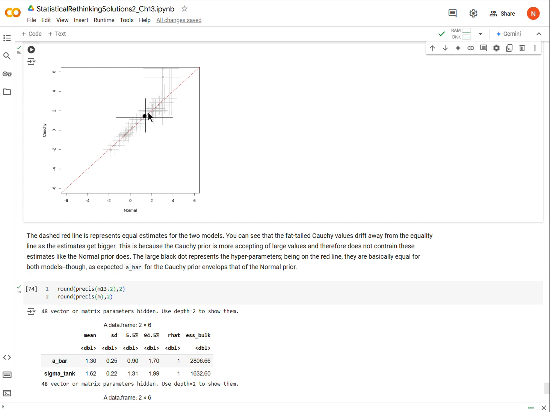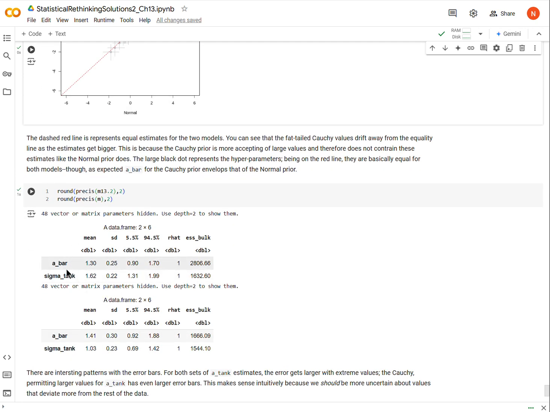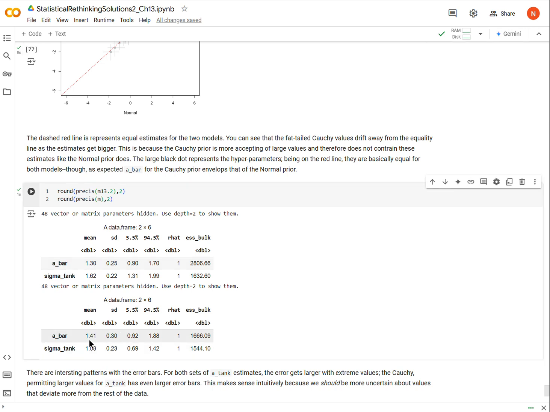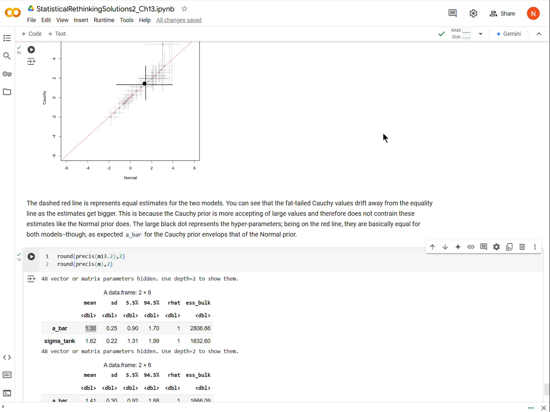It seems to be skewed a little bit higher for the Cauchy. And if we go down and look at the Précis output, we see that that is in fact the case, right? So this is the Cauchy distribution, and it does have a slightly higher estimate than the other. So that's fine.